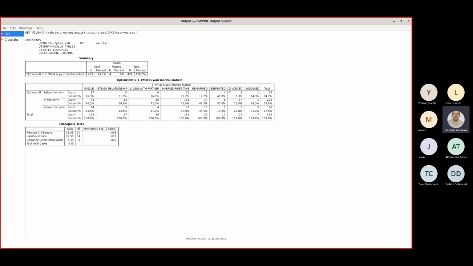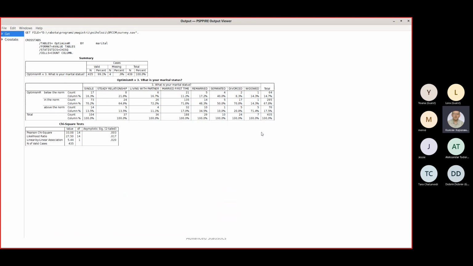And also, for example, in the group of widowed, the percent of persons above the norm is highest among all groups. So obviously, there are differences between groups, between different marital statuses. And since there are differences, that means that there is a relation between marital status and optimism.